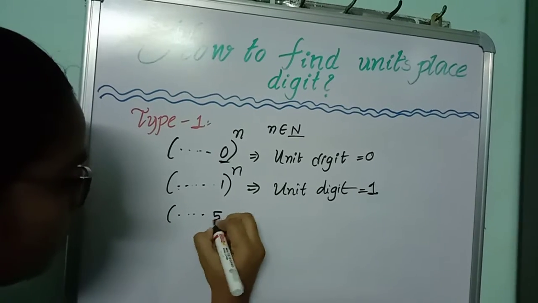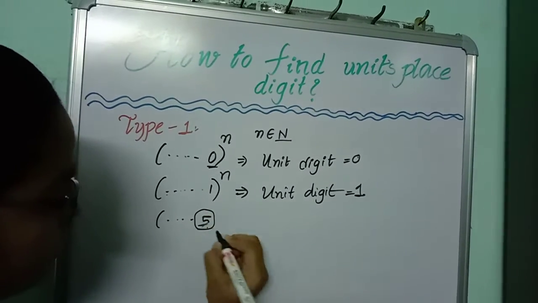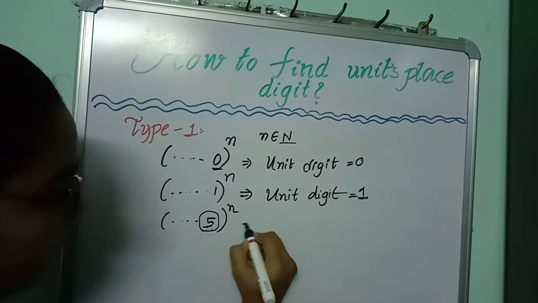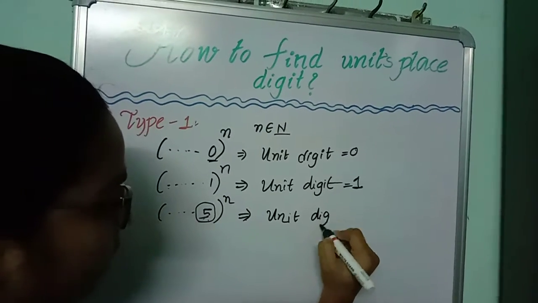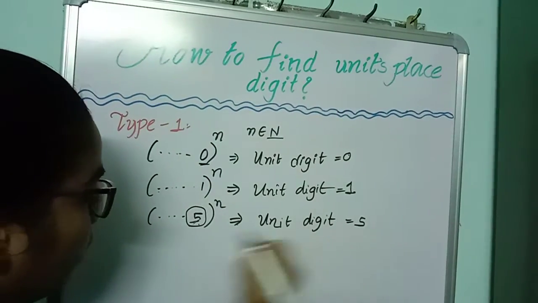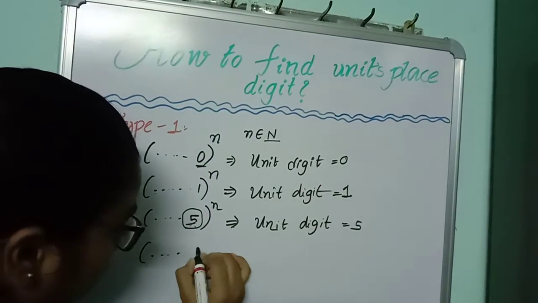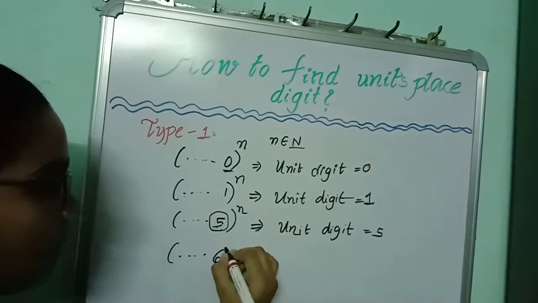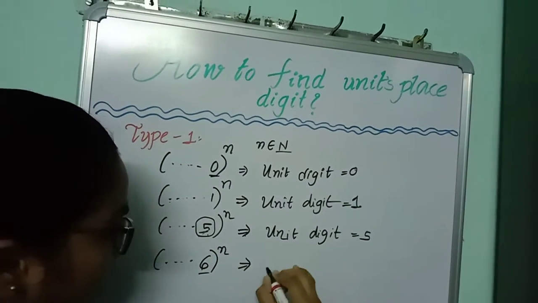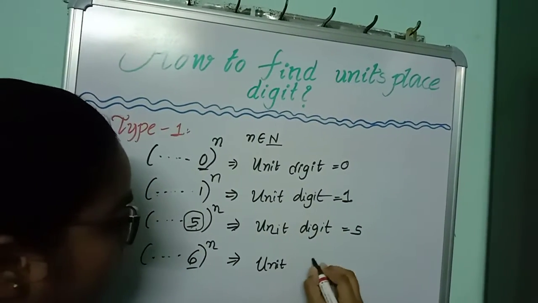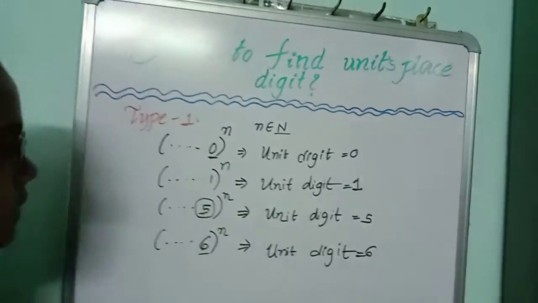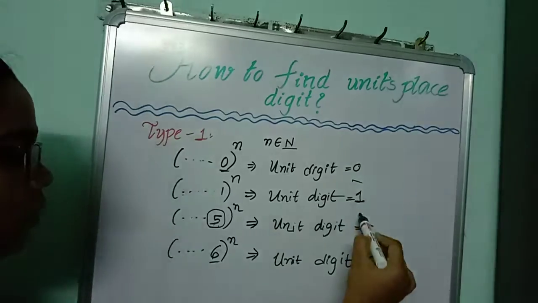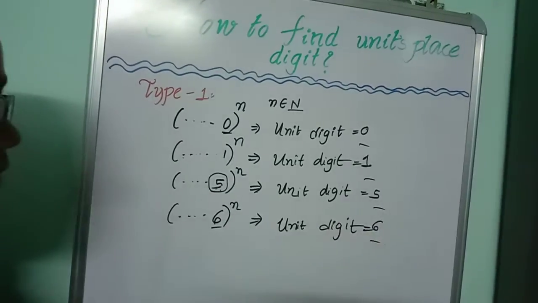If the last digit is 5, 5 whole power n, then the unit digit is 5. Similarly, if it ends with 6, 6 whole power n, then the unit digit becomes 6. So these are the tricks for 0, 1, 5, 6.